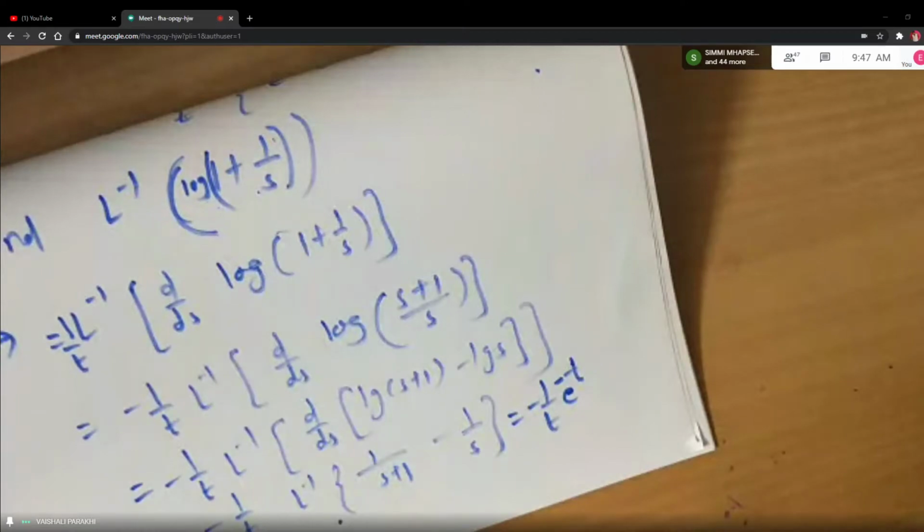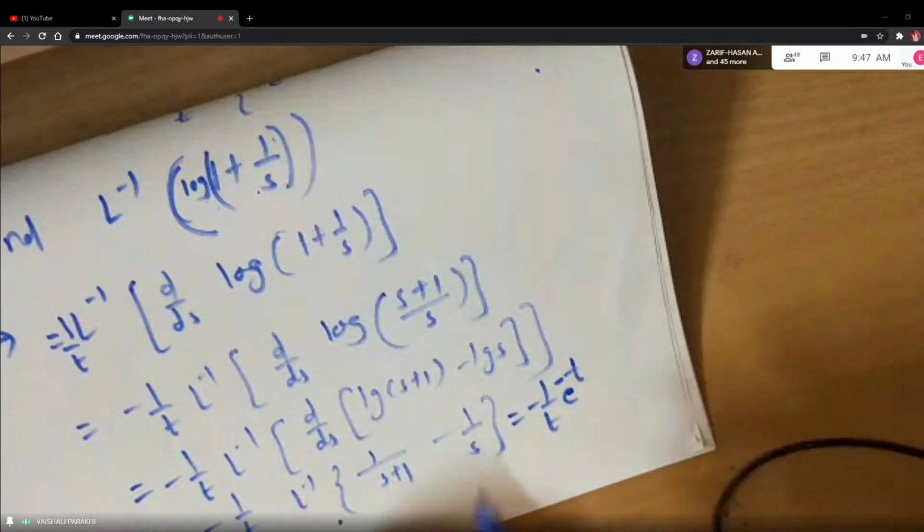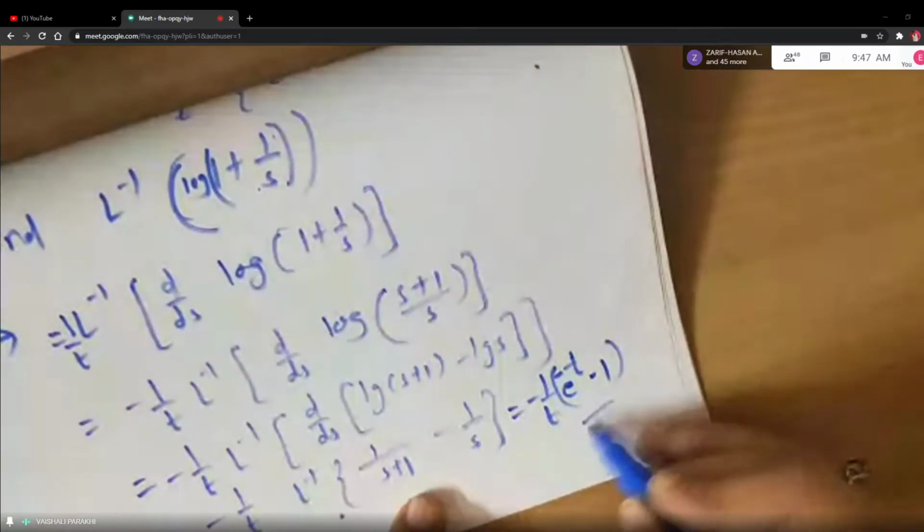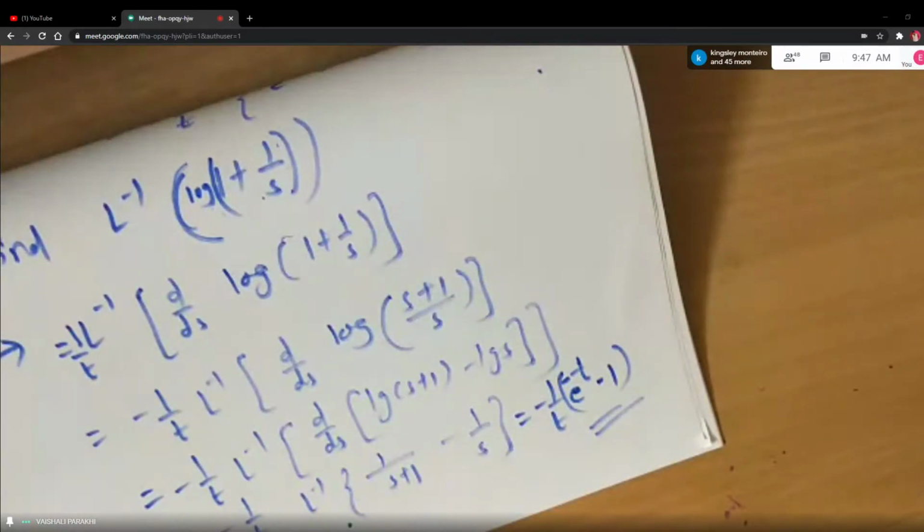Okay, who will tell? E raised to 0. Means what? 1. Anything raised to 0 is 1, right? So it is e raised to minus t minus 1. Done. Sorry, Miss, I got disconnected.